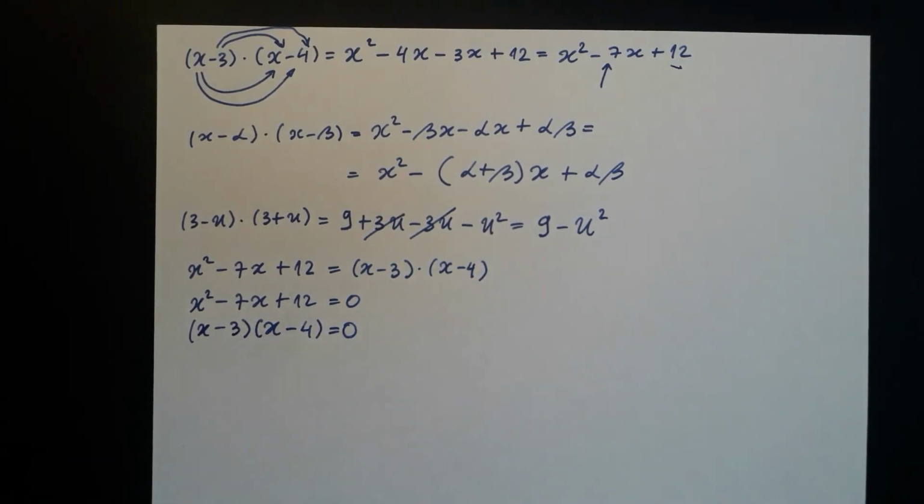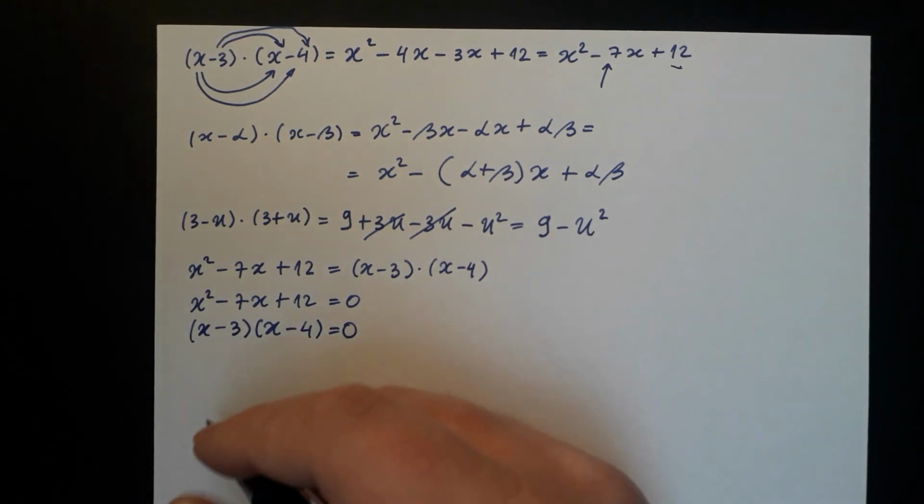This is a product of two numbers. If you multiply two numbers together and get 0, that happens when at least one of those two numbers is equal to 0. That is actually called the zero product property.